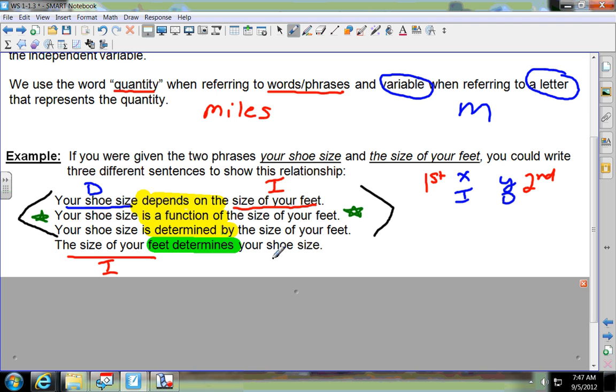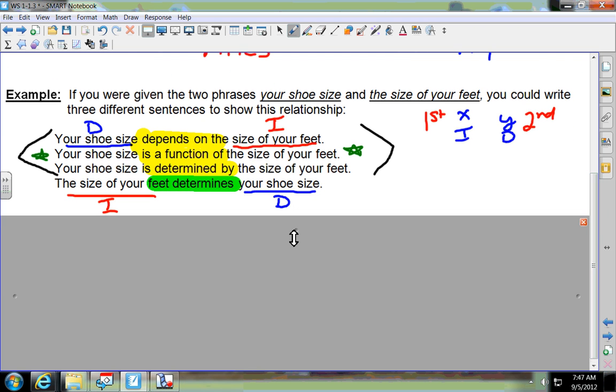So your feet grow, and then you have a shoe size. So when you use the word determines, that independent portion comes first. Don't worry, your brain might be all discombobulated, but we'll get it fixed.